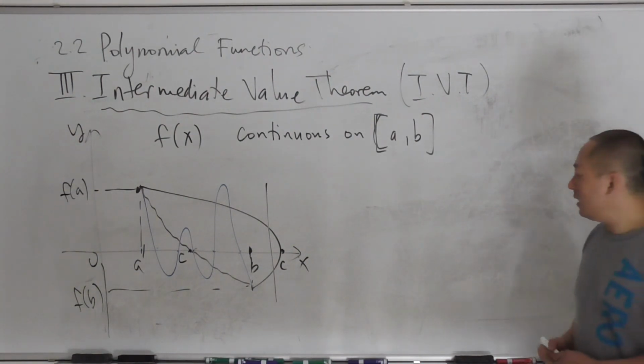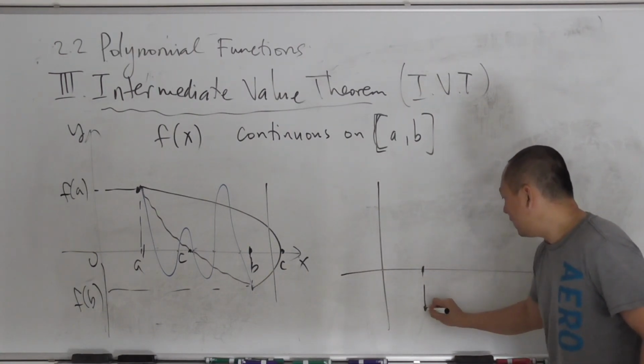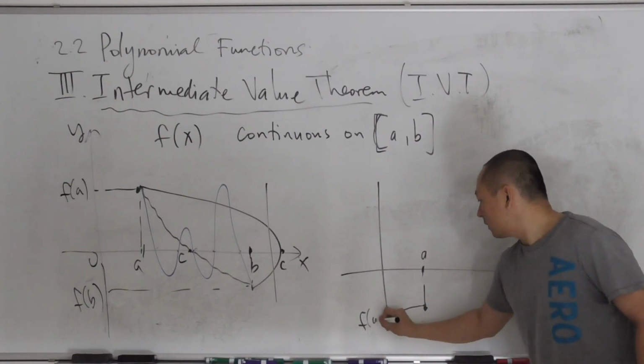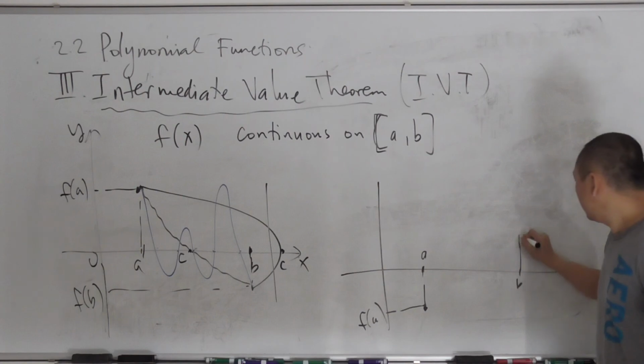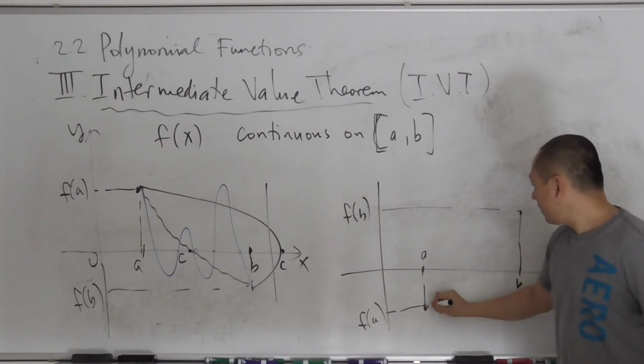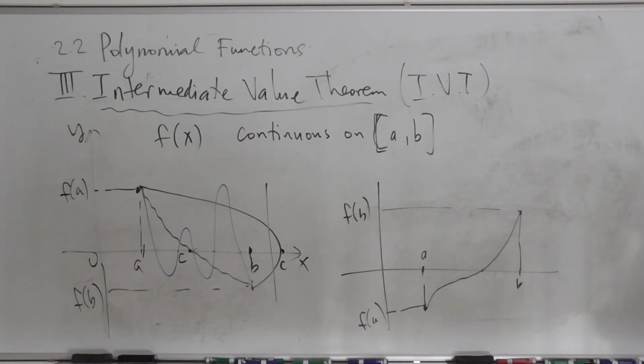Alright. Similarly, the second case, what if you plug in A, you have the first point below the x-axis. This is f of A. And B right here, above the x-axis, f of B right here. And you connect from A to B, you still have the intersection. Alright?